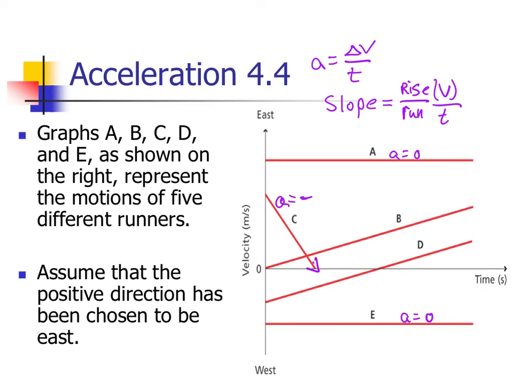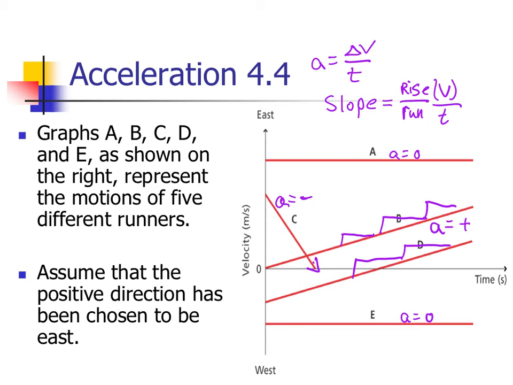Lines B and D both would have the same rise over run. Therefore, their acceleration is both positive.